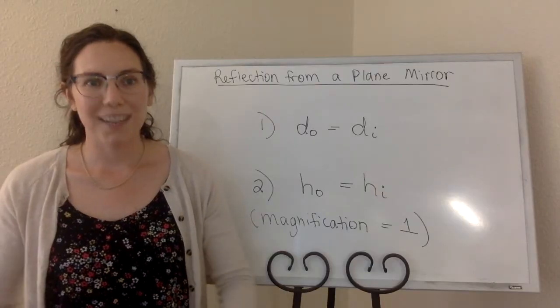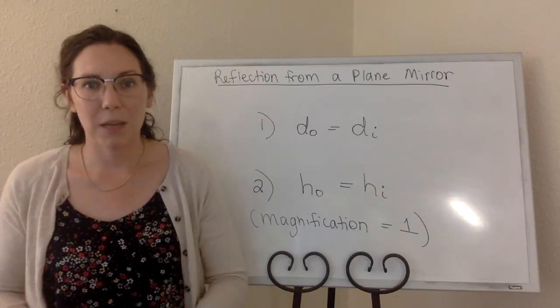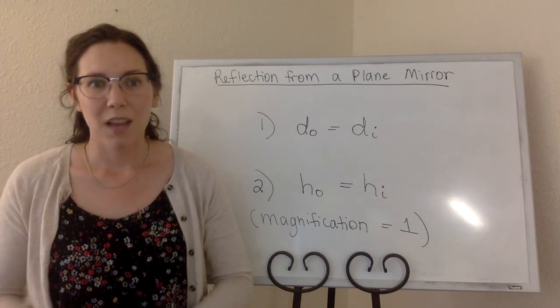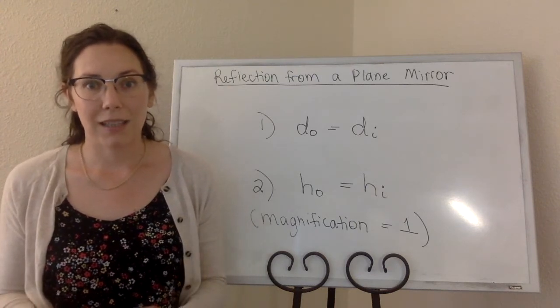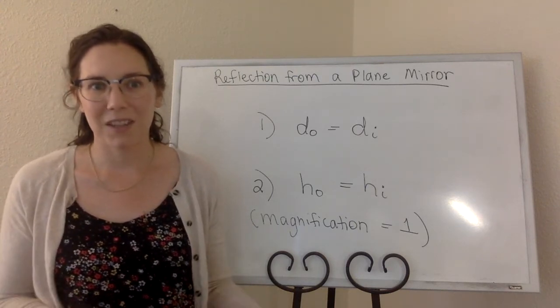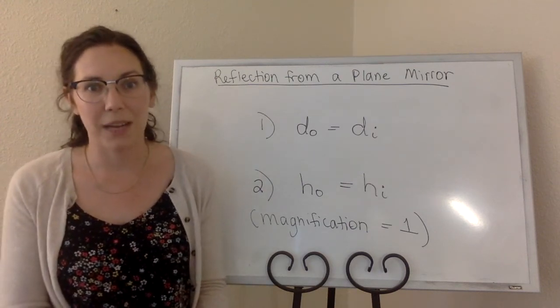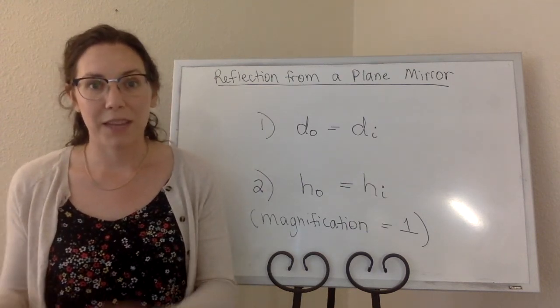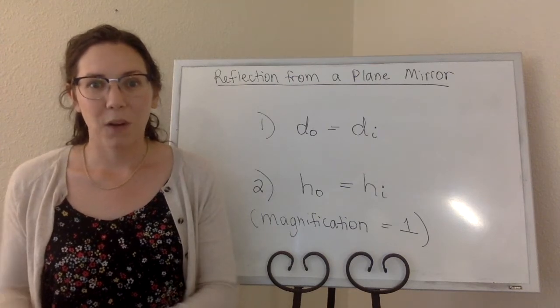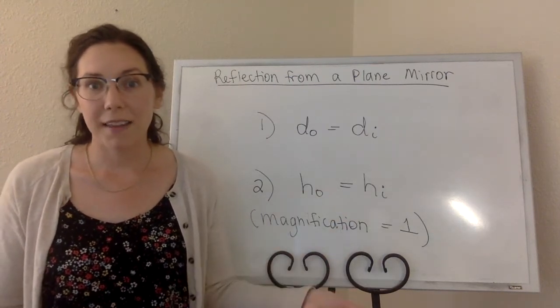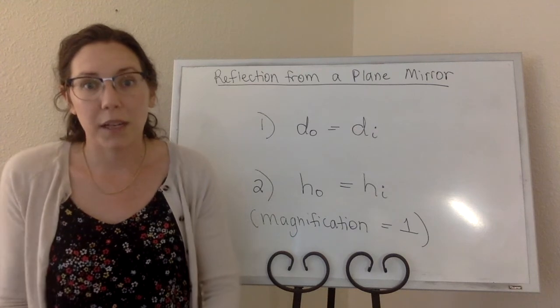Okay, I just want to mention two important characteristics about images formed in a plane mirror. The first is that the object distance D_O equals the image distance D_I. So if the object is placed at a distance D_O in front of the mirror, the image will form at a distance D_I behind the mirror, and those two are equal.